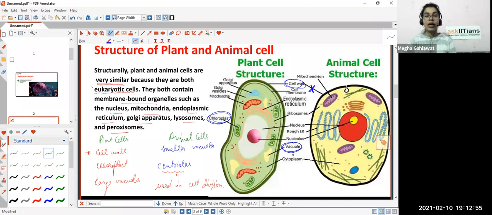That is why the vacuole is present in the center and the nucleus is present sideways, not in the center. On top of that, we have the centrioles, which are present just in the animal cells and not the plant cells. I would suggest you go to the previous session and learn the plant and animal cell structure and differences from there in detail.